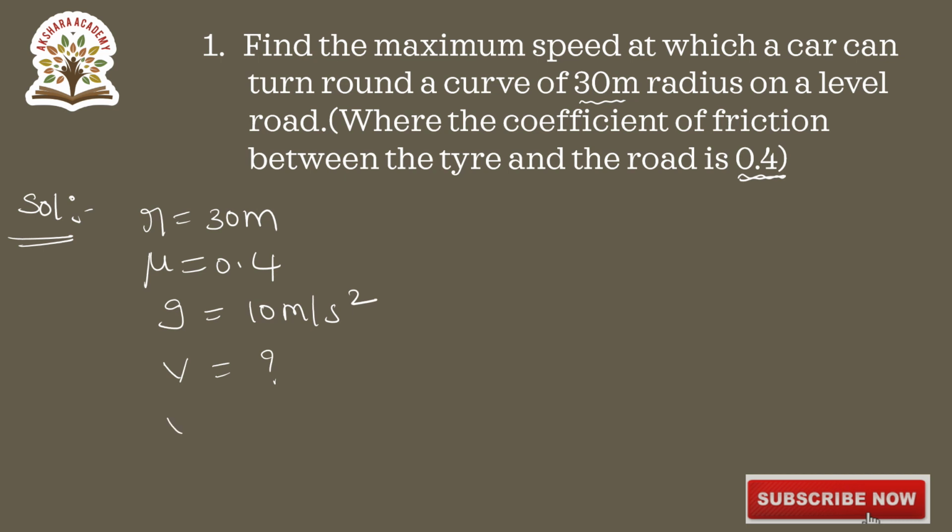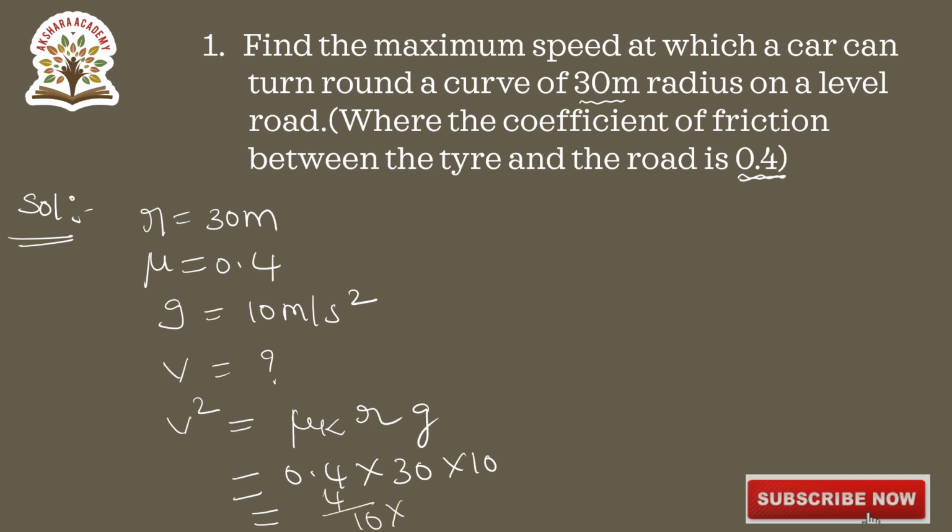Okay, V square is equal to mu into R g. Now substituting the values, mu is 0.4, R is 30 meters, g is 10 meters per second square. So this is equal to 0.4, which can be written as 4 by 10, into 30 into 10. The 0 gets cancelled. 4 threes are 12. 12 into 10 is 120.